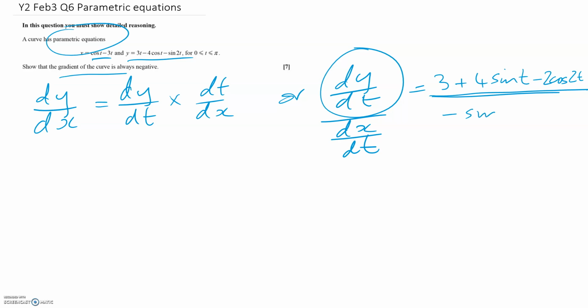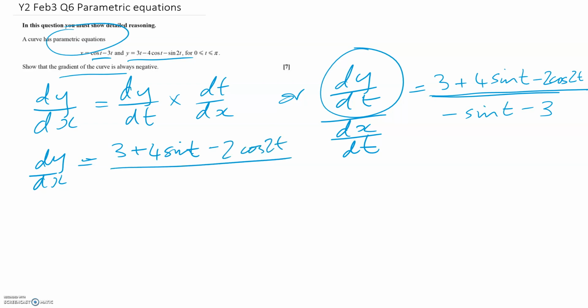That will be minus sine t minus 3. So that's what dy by dx equals. Just write that out again over here: 3 plus 4 sine t minus 2 cos 2t over minus sine t minus 3. So that is the gradient of the curve.